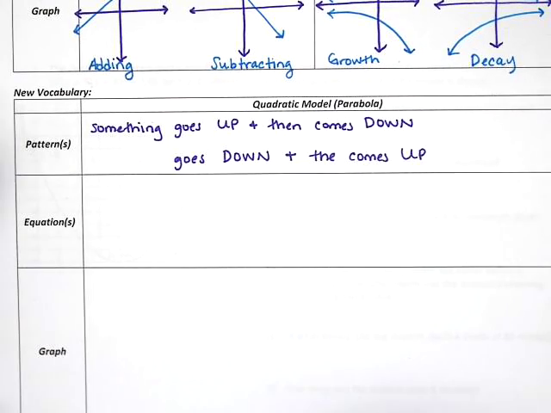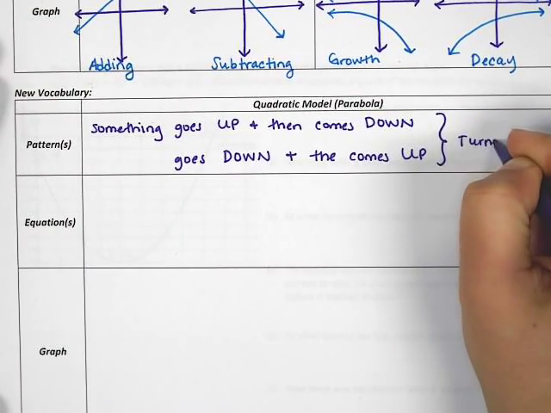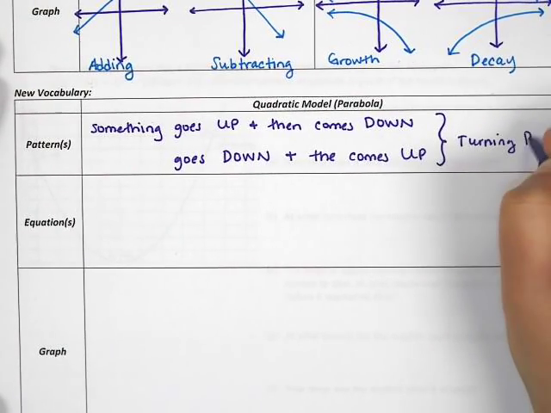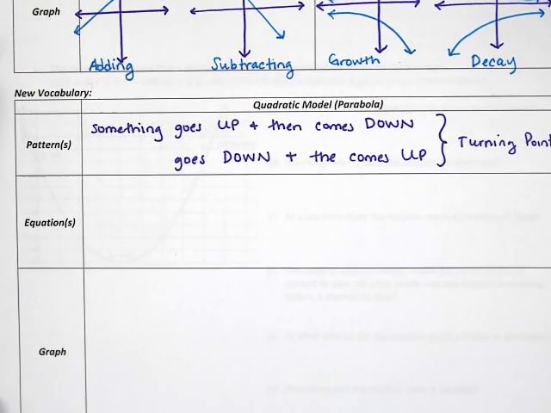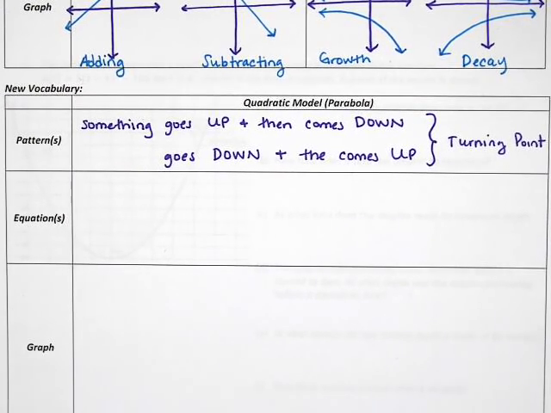In other words, there must be a turning point somewhere in the problem. At some point, the object that you're observing, or the person or the behavior that you're observing, turns around. It switches from going down to up or up to down.